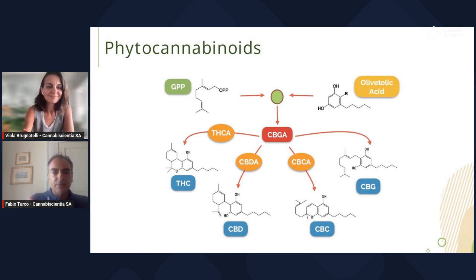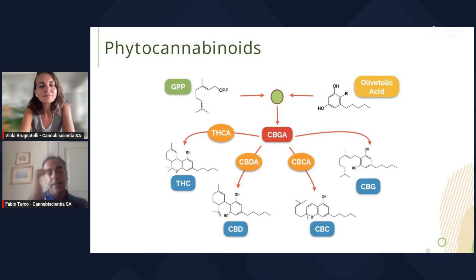So let's talk about phytocannabinoids. We have almost 150 phytocannabinoids that have been recognized so far in the cannabis plant. There are various cannabinoids, but the most famous ones are surely delta-9 tetrahydrocannabinol, or THC, and cannabidiol, or CBD.